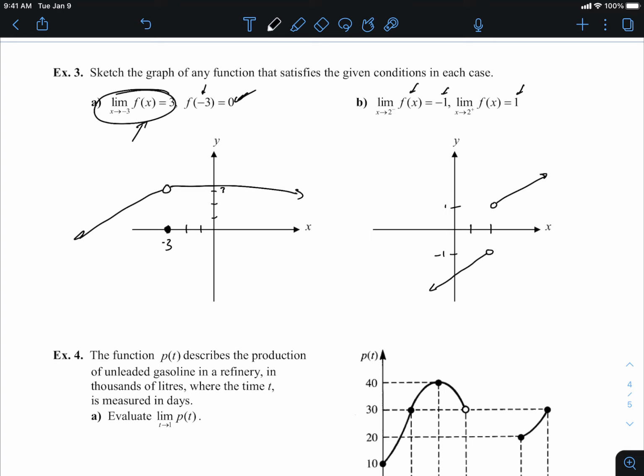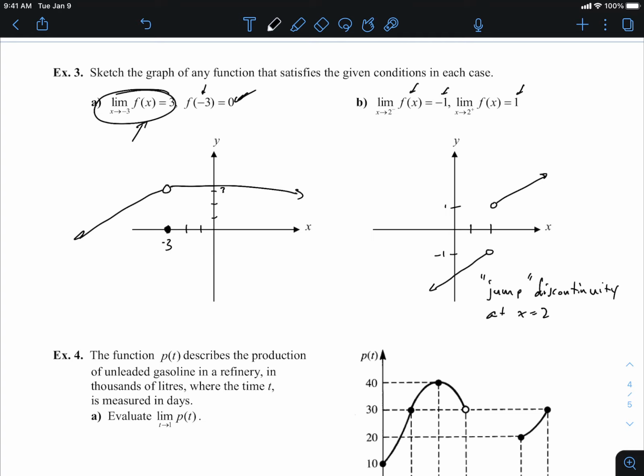And we see that there is a jump at x equals 2.